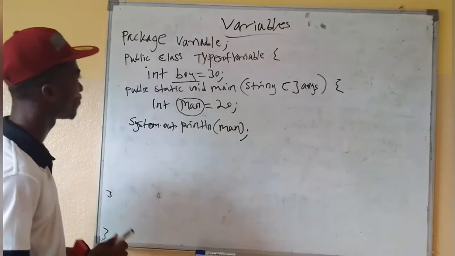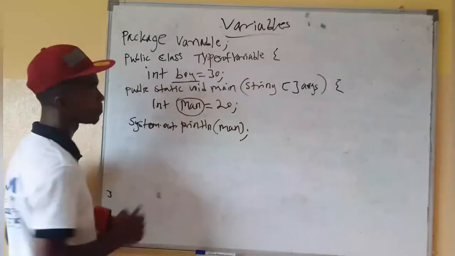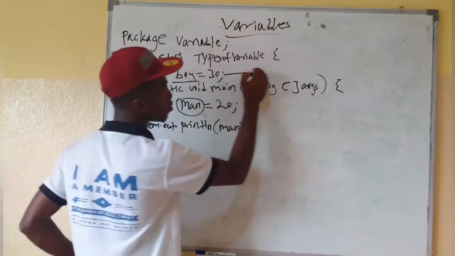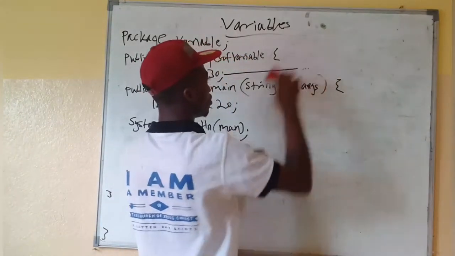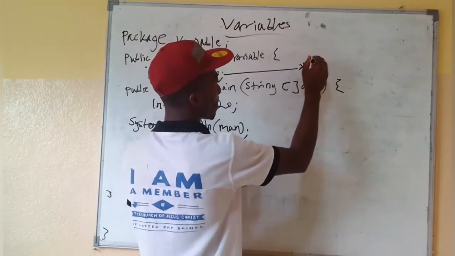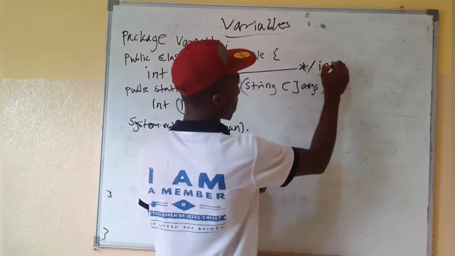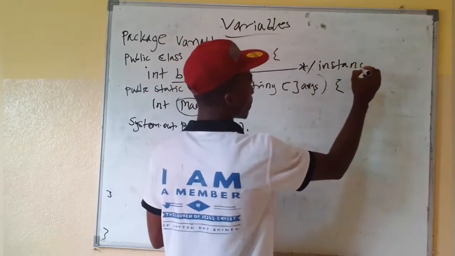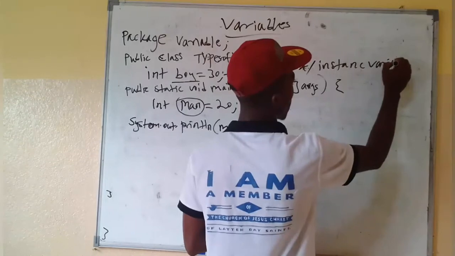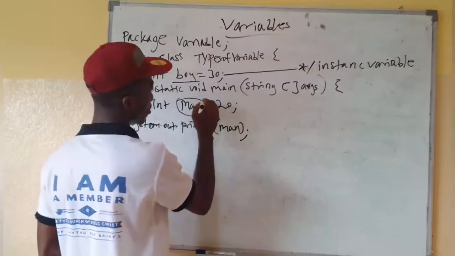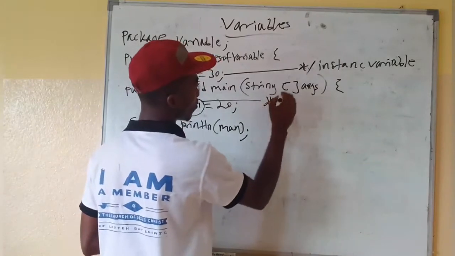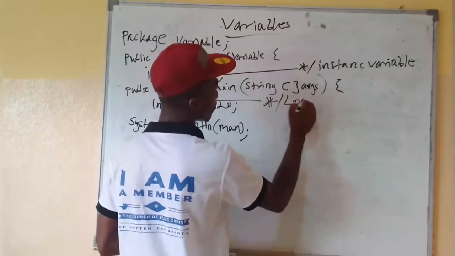But in the case of an instance variable, this is an instance variable. Okay, so just write a comment. This is an instance variable. This one, on a comment, it's a local variable.